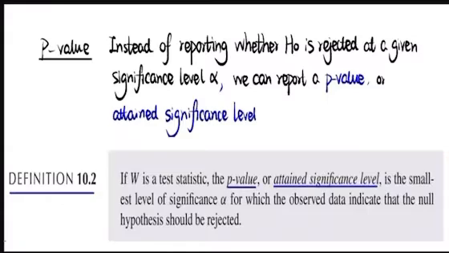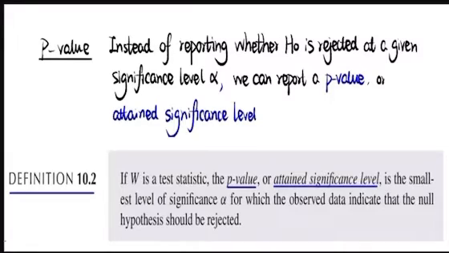And let me tell you this. The lower the p-value, the lower the chance of committing type 1 error. I'm going to say that again. The lower the p-value, the lower the chance of committing type 1 error.